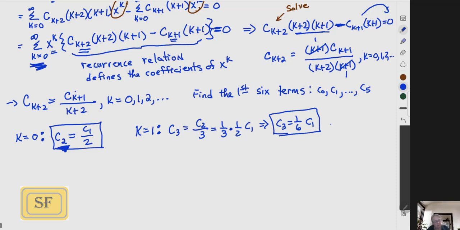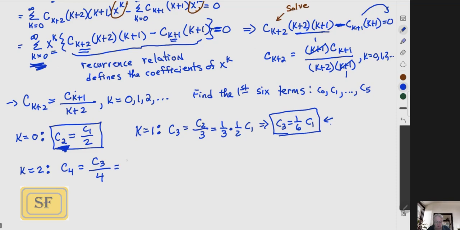Okay, so I have c3. I need 2 more terms. Let's do k equals 2. When k is 2, I'll get c sub 2 plus 2, which is c sub 4, equals c sub 3 over 4. But we know that c sub 3 is 1/6 c sub 1.